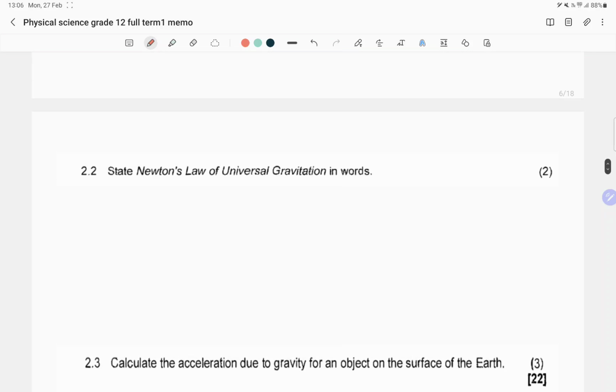Now we're told to state Newton's universal law of gravitation in words, okay?